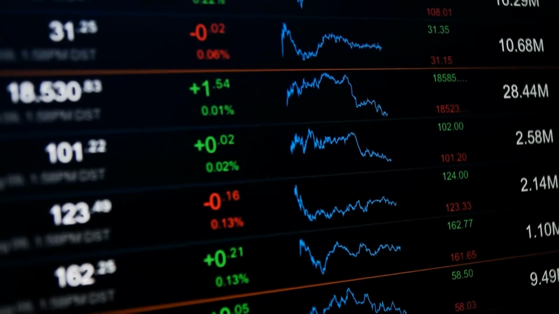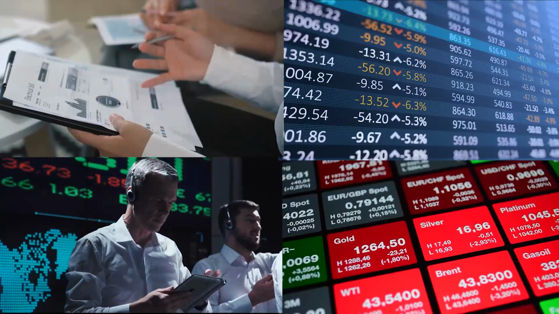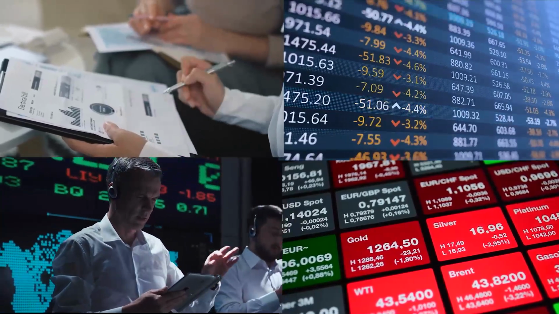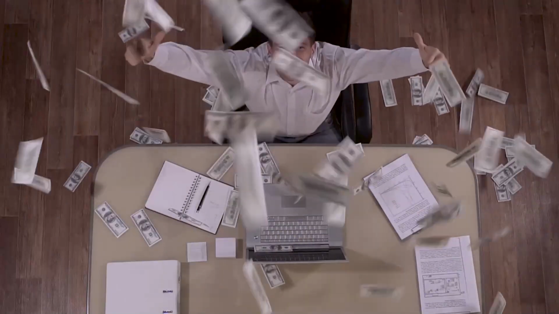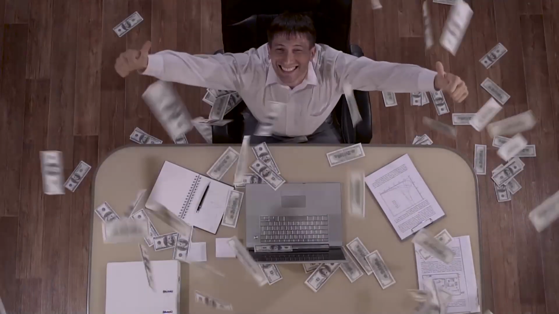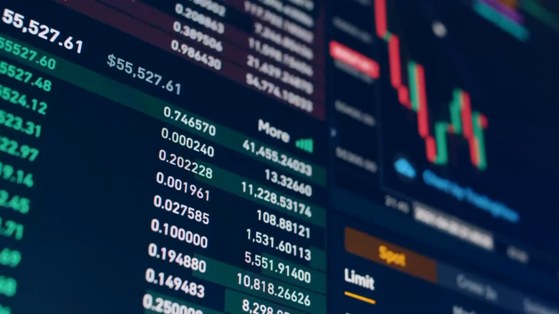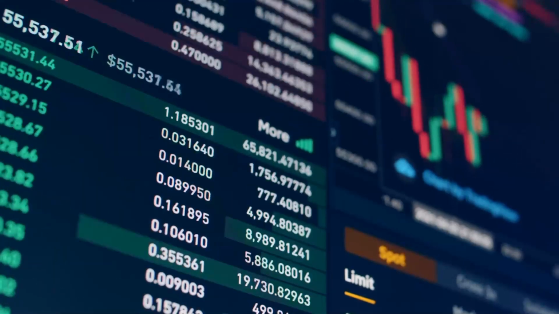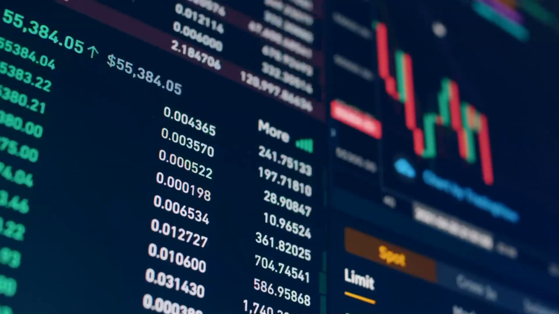Trading different markets involves diversifying your trades across different markets, such as stocks, futures, options, and forex. By doing so, you can take advantage of different market conditions and capture opportunities in different markets. Additionally, trading different markets can help you reduce your risk by avoiding overexposure to any single market.